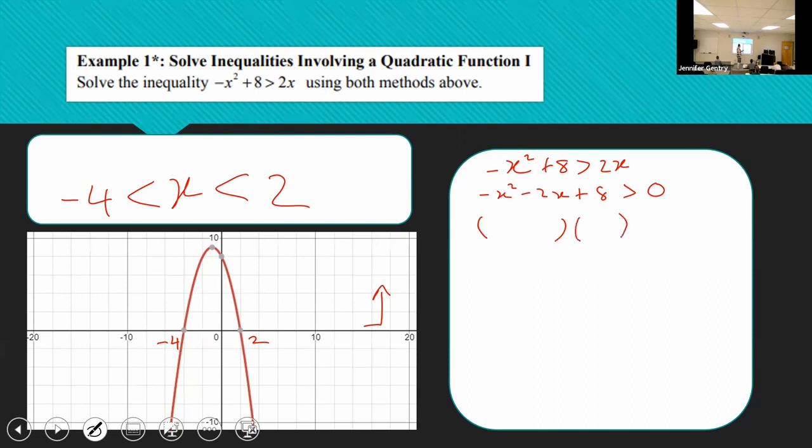What are my numbers? I need a minus x and a plus x because I got a minus out here, right? I've got 8. What are factors of 8? 1 and 8, 4 and 2. 2 and 4, that's about it. Which of those come together and give me 2? 2 and 4, right? So what are my numbers? -4, +2.